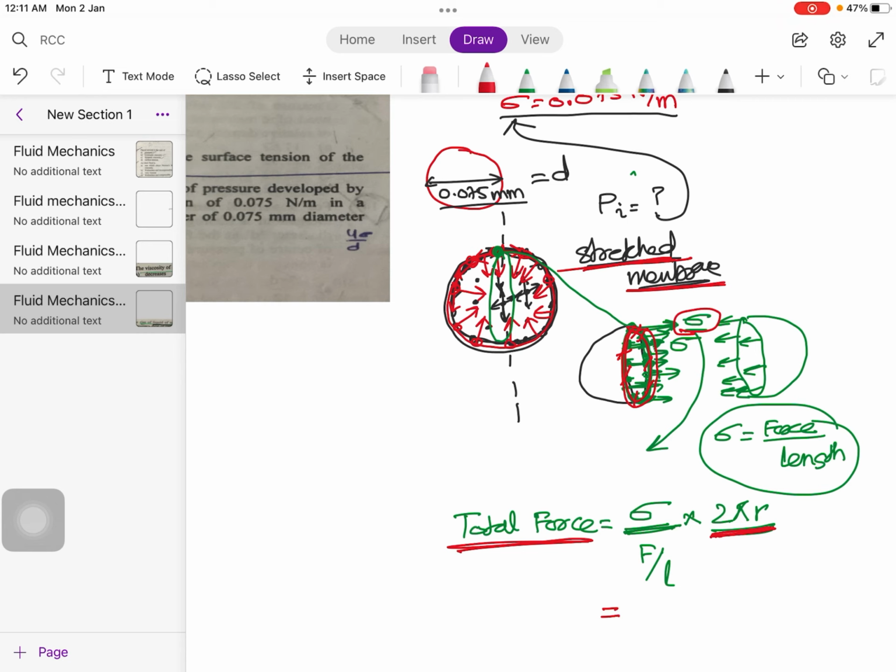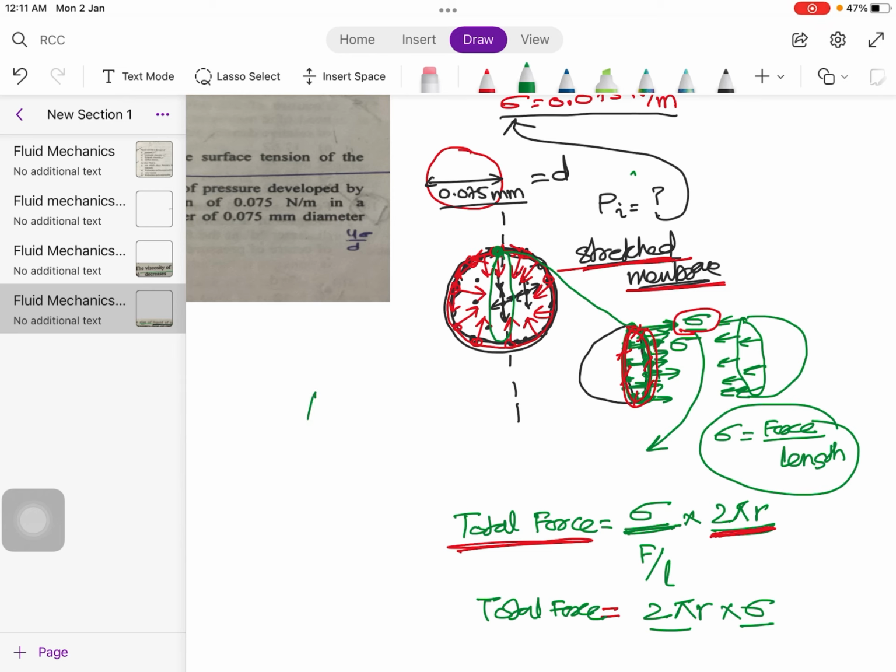Therefore, total force will be 2 pi r times the surface tension, or the circumference times the surface tension.